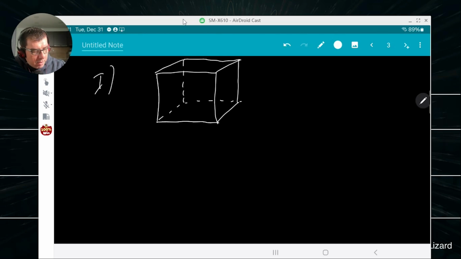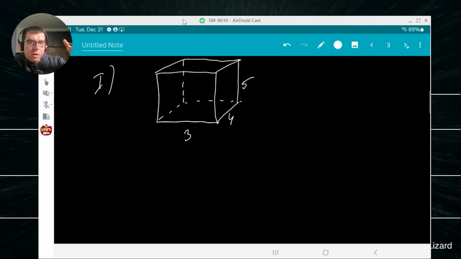3 by 4 by 5. Now let's assume that we are gluing the 3 by 4 side of the one prism to the other 3 by 4. Now obviously these two sides have to be the same, right?